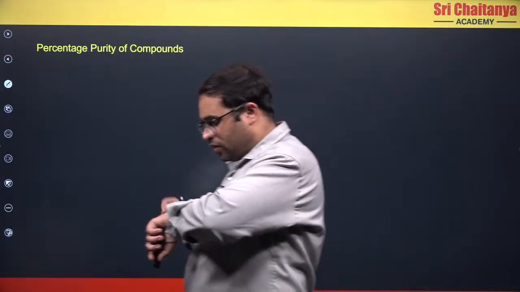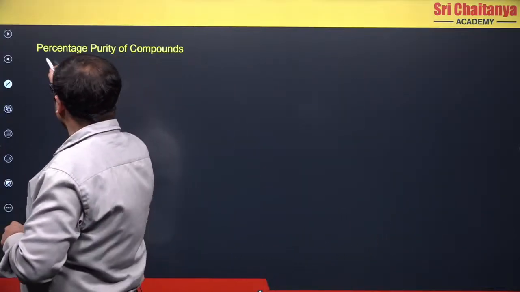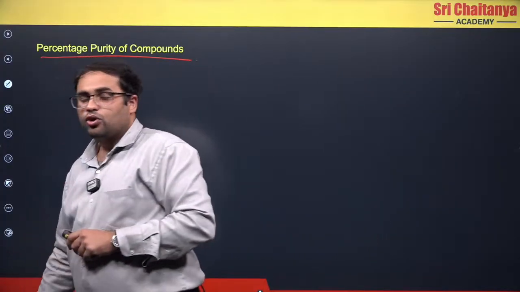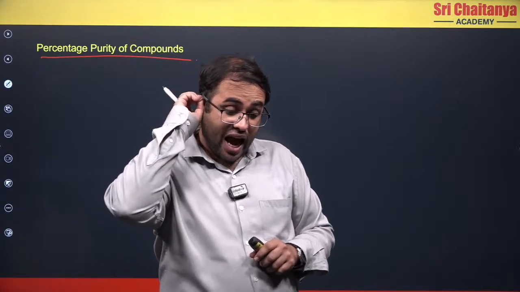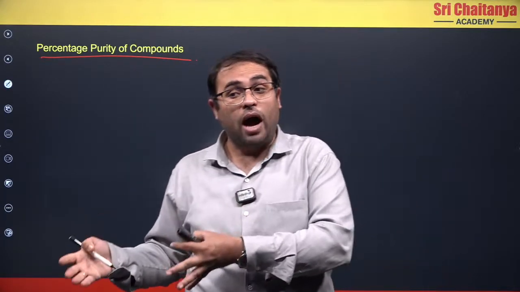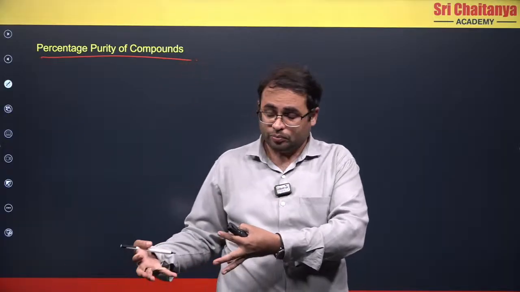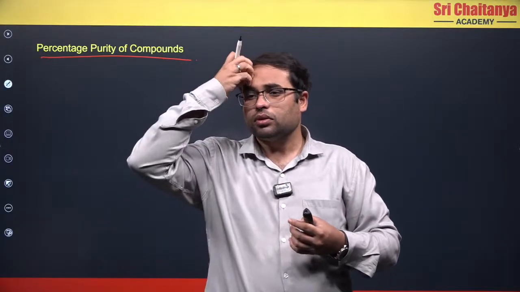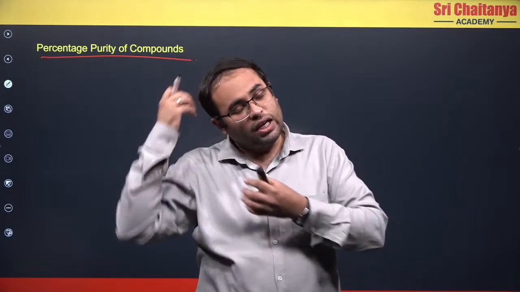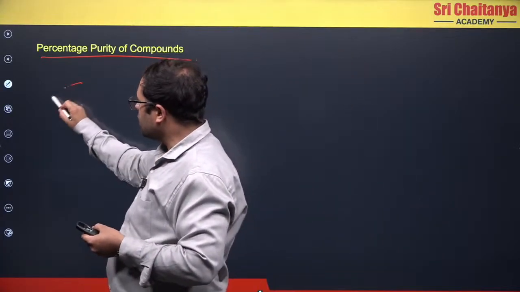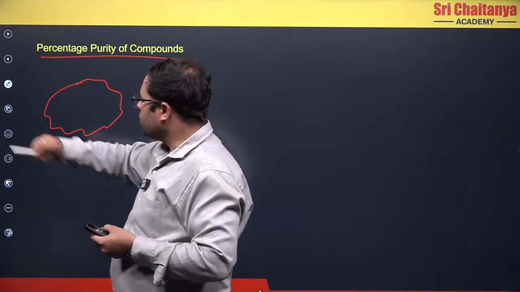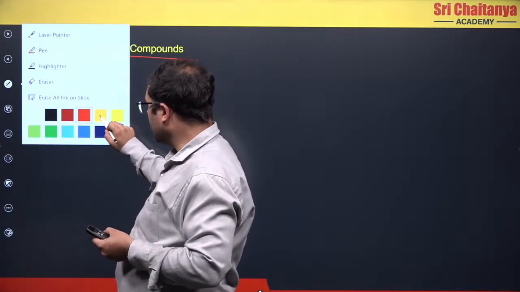Now another concept that we are going to discuss is the percentage purity of compounds. So what do I mean by percentage purity? The thing is that whenever you take out a compound from the Earth's crust, suppose this is the rock which contains gold, right?